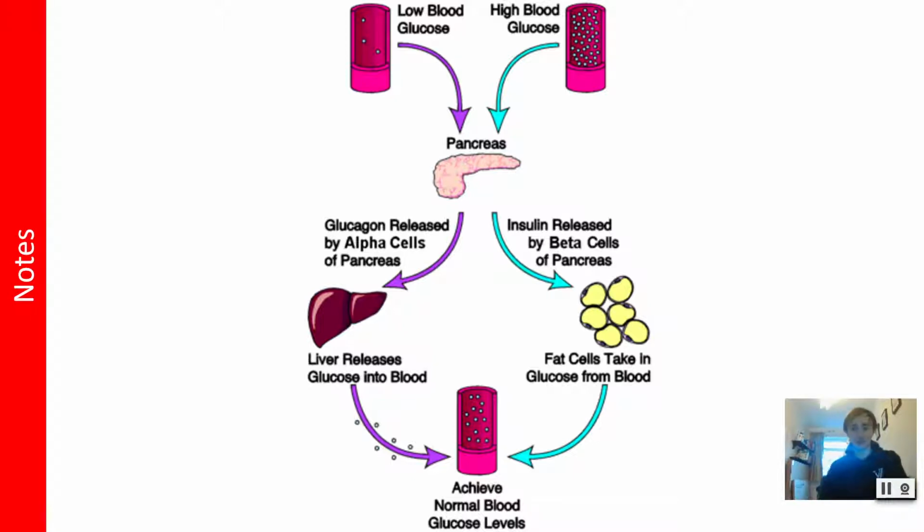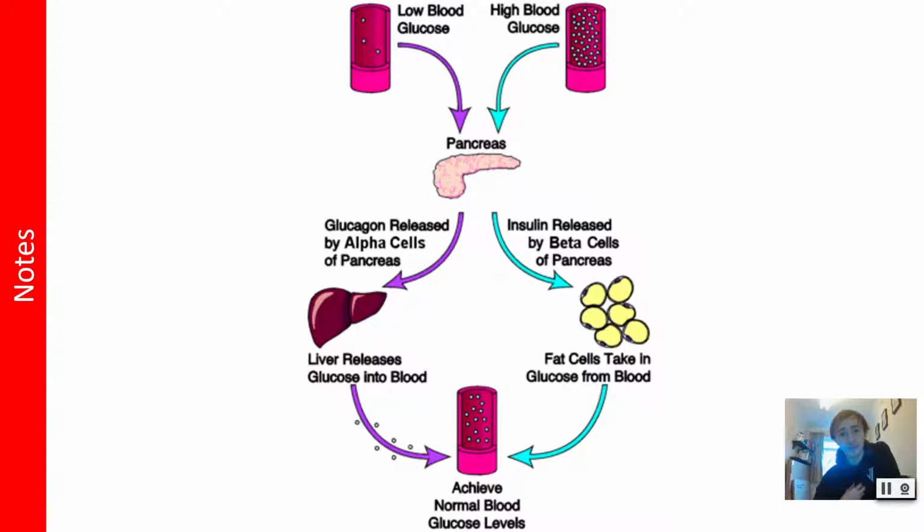Now this is a big negative feedback loop. In actual fact, it's two negative feedback loops. One for if you have too much sugar, one if you have too little sugar. Too much glucose, too little glucose. So if you have too much glucose, high blood glucose, it causes insulin to be released by the pancreas.